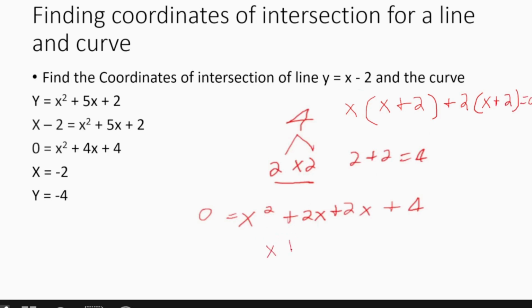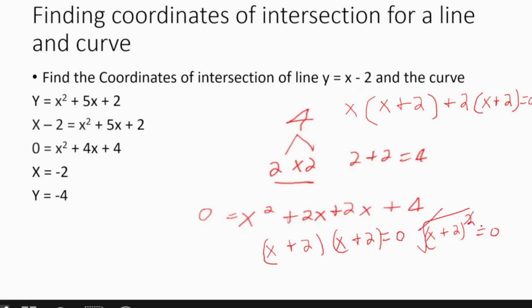Let me bring it down. So what I have is x plus 2 times x plus 2 is equal to 0, which means I have x plus 2 to the power of 2 is equal to 0.